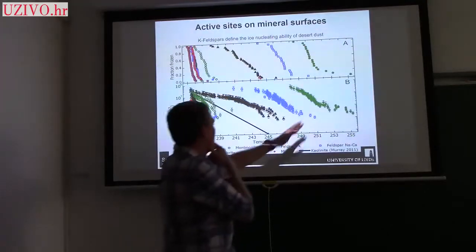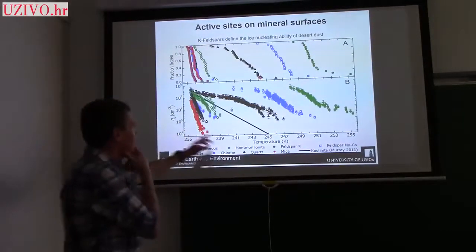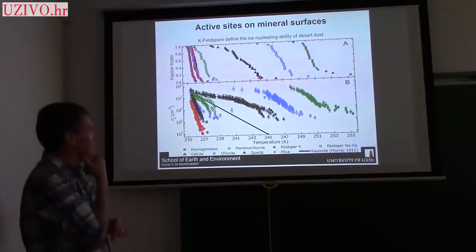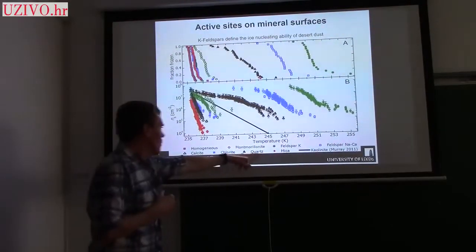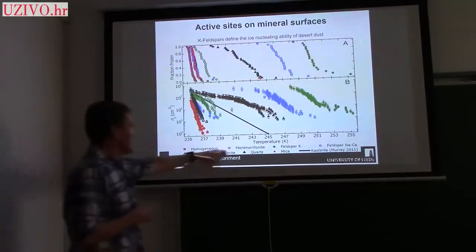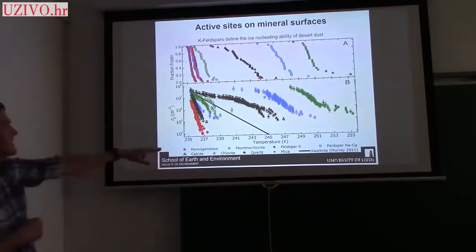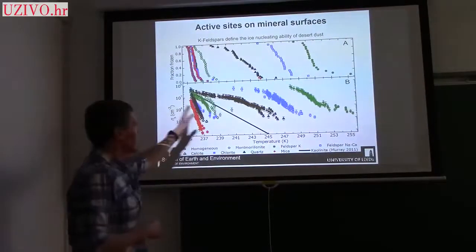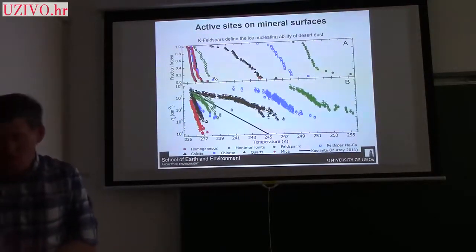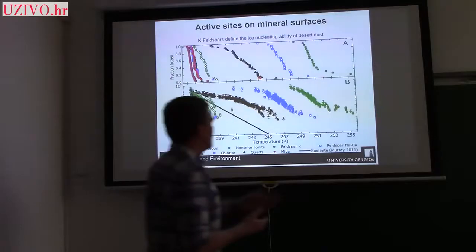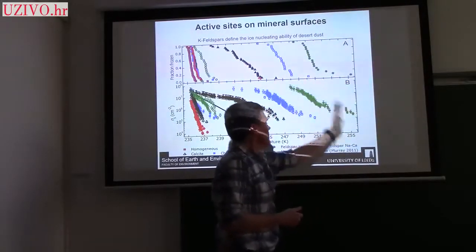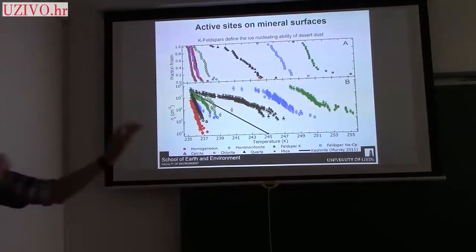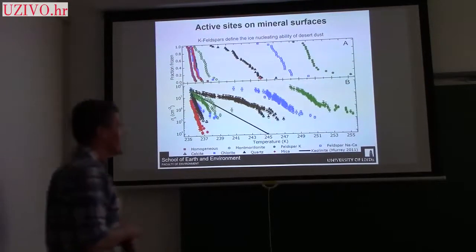And this is just looking at Feldspar, potassium Feldspar, and then comparing it to lots of different minerals: quartz, mica, calcite, montmorillonite, kaolinite. So even different minerals, they're all very different.